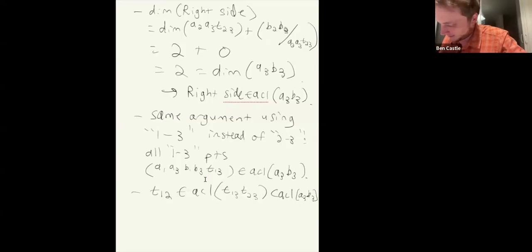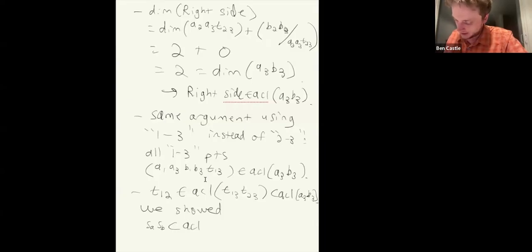Okay. So what do we just show? We have shown that all points in the entire diagram, SA, SB, the entire thing is contained in the ACL of just A3 and B3. That cannot be. This is a contradiction.